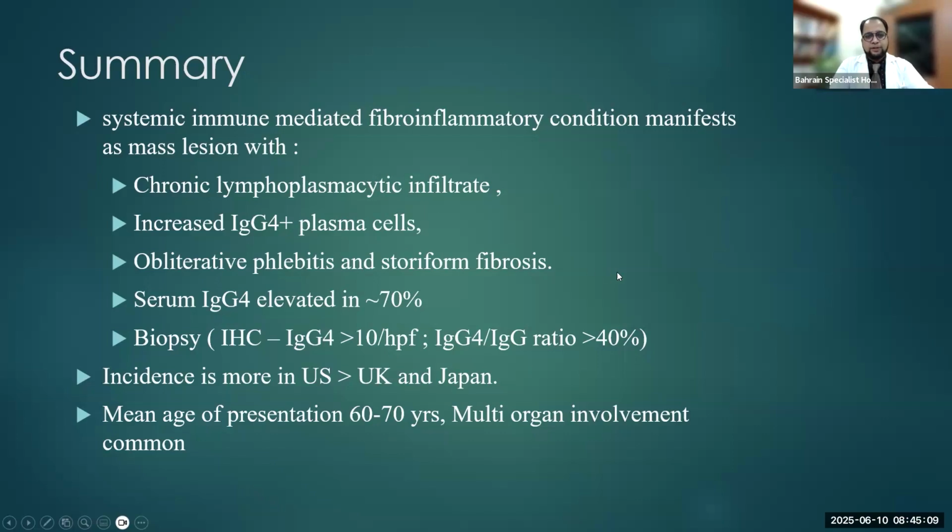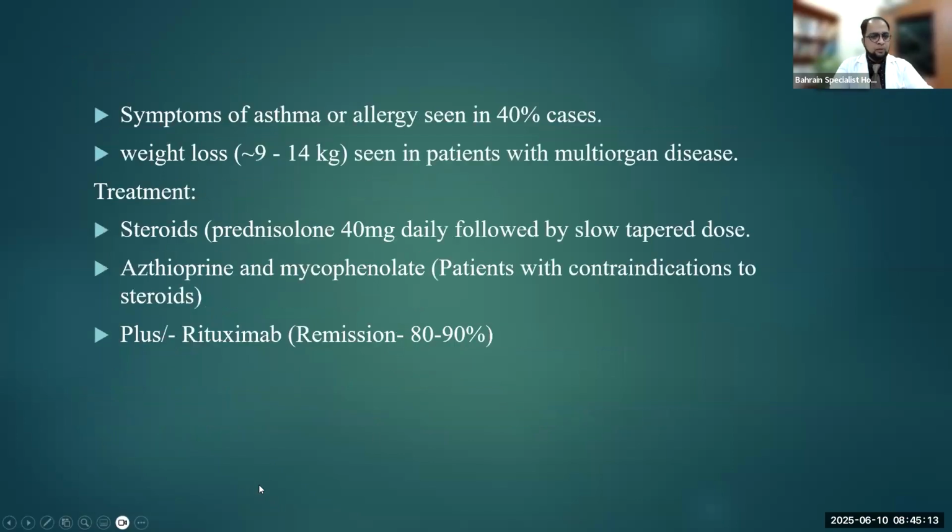Mean age of presentation is 60 to 70 years, with multi-organ involvement seen most commonly. Symptoms of asthma and allergy are seen in 40% of cases. Weight loss is seen in patients with multi-organ involvement. The treatment strategies include steroids, and if contraindicated, moving on to azathioprine and mycophenolate, plus or minus rituximab. The response with rituximab has been shown to be 80 to 90%.